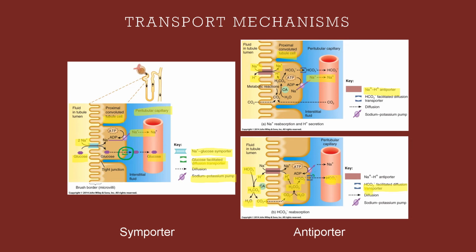You can see this right here. And then it's going to diffuse into the blood along with sodium. So for every hydrogen ion that's secreted into the tubular fluid of the proximal convoluted tubule, 1 bicarbonate and 1 sodium are reabsorbed.